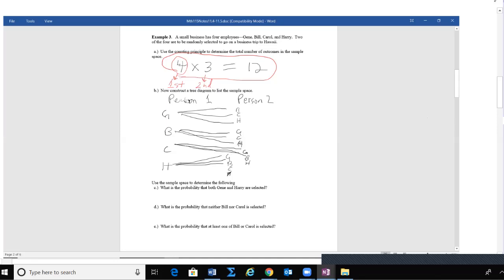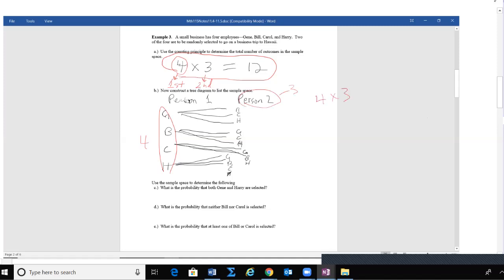If Bill gets picked first, then that leaves Gene, Carol, and Harry to possibly be picked second. Carol first leaves Gene, Bill, Harry. Harry first leaves Gene, Bill, Carol second. So the number of ways the first person can be chosen is 4, and the number of ways the second person can be chosen is 3. So we know we're going to have 4 times 3.